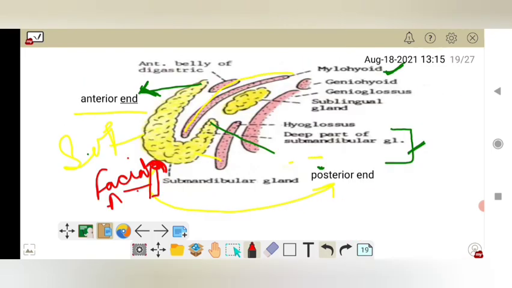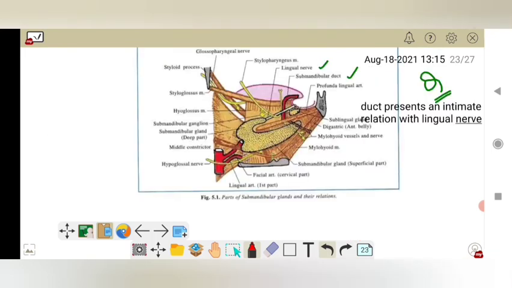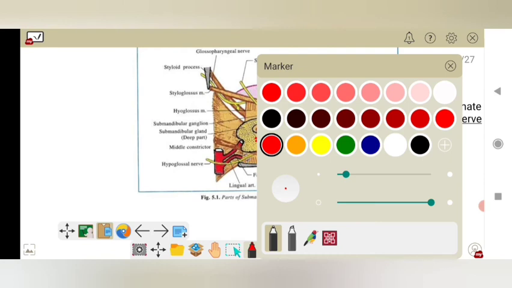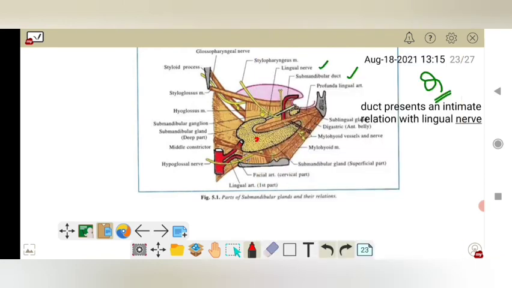Let's see in diagram. This is duct, start is approximately here, little behind the posterior border of the mylohyoid. This is mylohyoid muscle. Approximately from here the duct will start, and this is the duct.